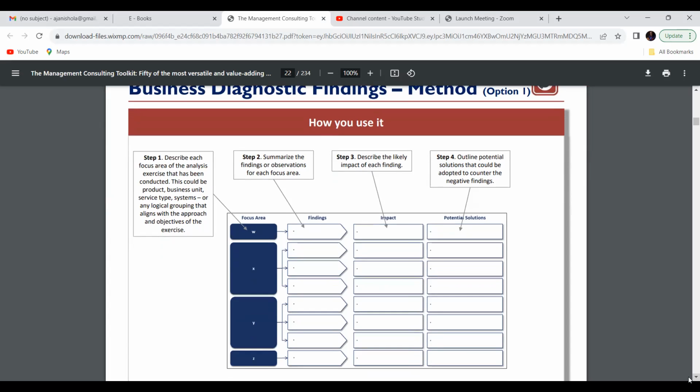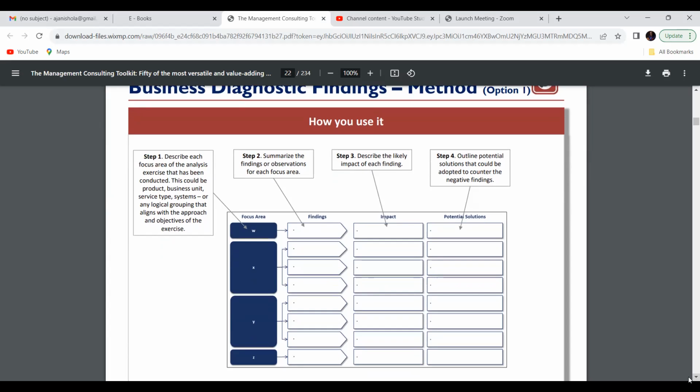So for example, let's use different departments within an organization. You have marketing, customer service, sales, human resources, production, operations. Each one of these departments could be your focus area. Your focus area could also be within each department. But for the basis of this example, let's say your focus area is marketing.